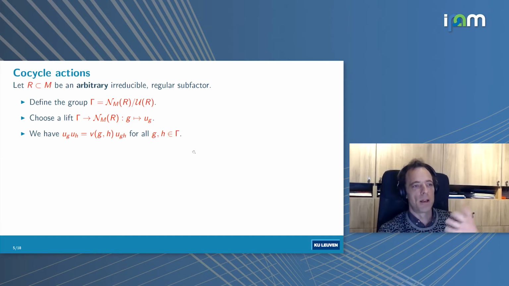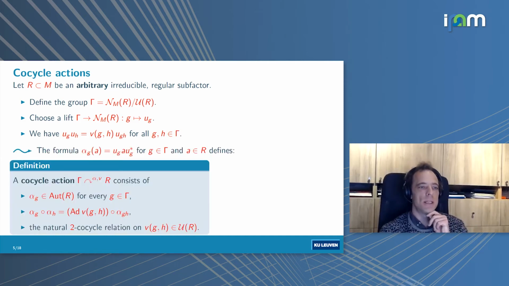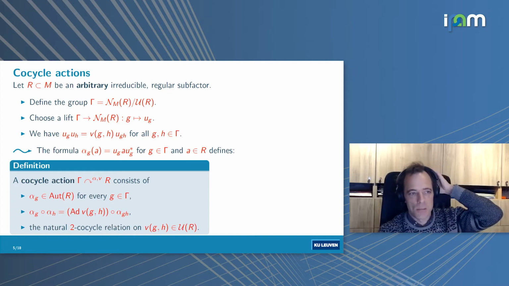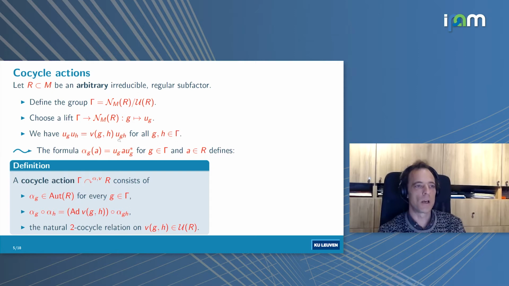and that we label as v_{g,h}. Now, the reason that I'm putting all this is to bring us to the notion of a cocycle action and to motivate it. I mean, if I would have just put a definition, it may be a clear definition, but it's not so clear where it comes from. So it really comes from the description of arbitrary irreducible regular inclusions. So having chosen this lift, you can define an automorphism of R by this formula.